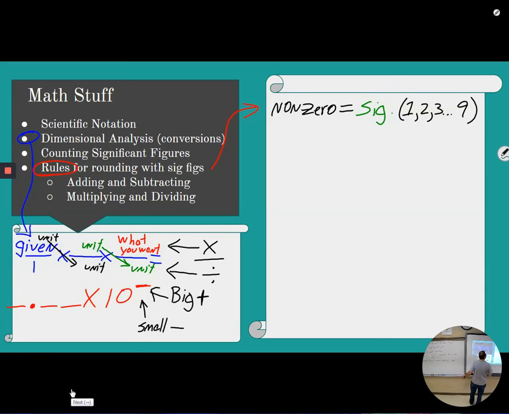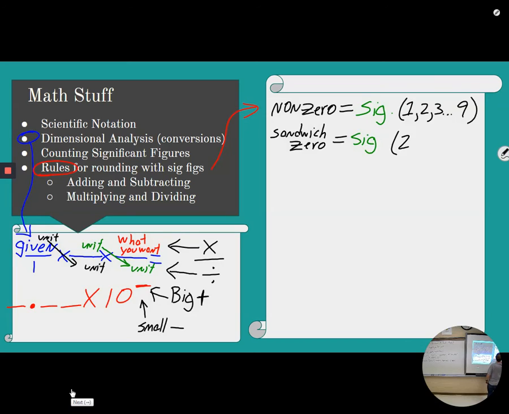Next rule is if I have a sandwich 0, a zero stuck between a couple of non-zeros, is it significant, yes or no? Yes, it totally is. So in other words, if I've got something like 2004, the 2 is significant because it's not a 0, the 4 is significant because it's not a 0, and these 2 zeros in here are significant because they are sandwiched.